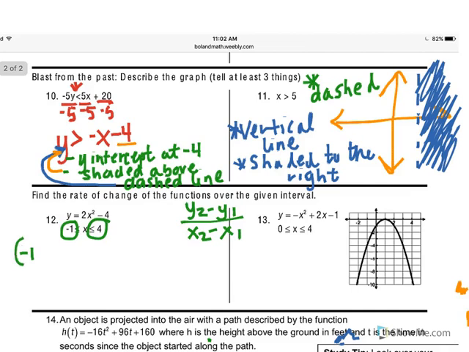So in our 2 coordinates, we have the x values. We have to figure out the y values. Same thing over here. You have to find the rate of change. You already know the x values, 0 and 4.